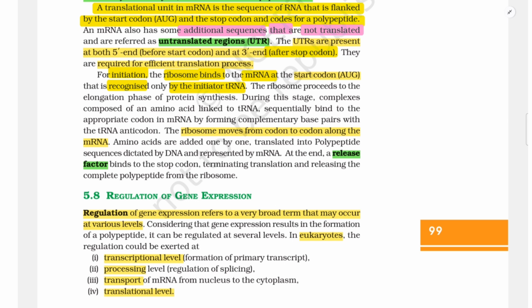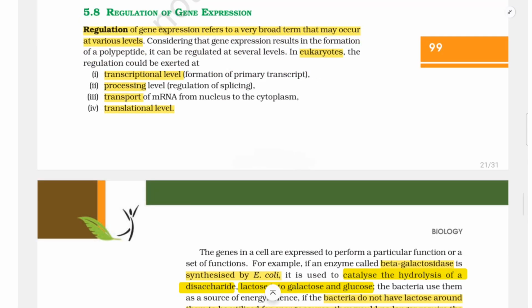The ribosome moves from codon to codon along the mRNA. Amino acids are added one by one, translated into polypeptide sequences dictated by DNA and represented by mRNA. At the end, a release factor binds to the stop codon, terminating translation and releasing the complete polypeptide from the ribosome.